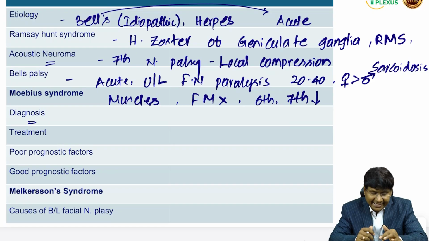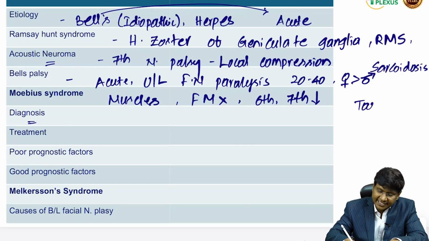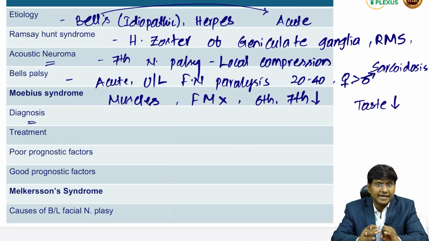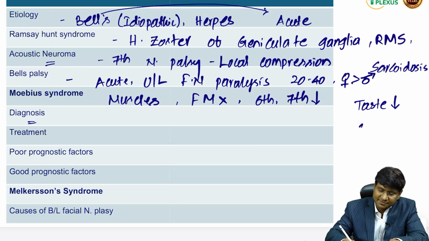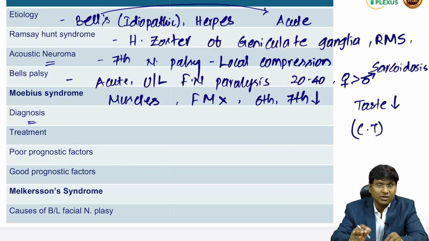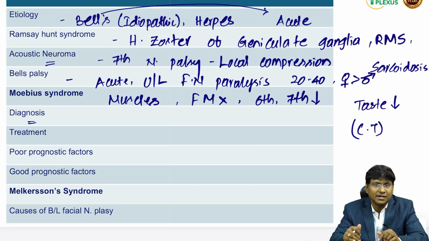And in case of Bell's palsy, there will be a feeling of stiffness of the face on the affected side. And in these individuals, not only the motor, even there will be taste impairment, right? And why is this taste impairment? That is because of the pathology within the chorda tympani nerve, which is a branch of the facial nerve.